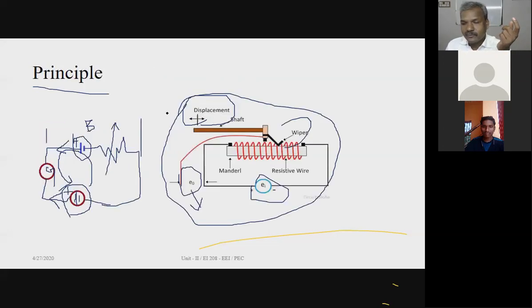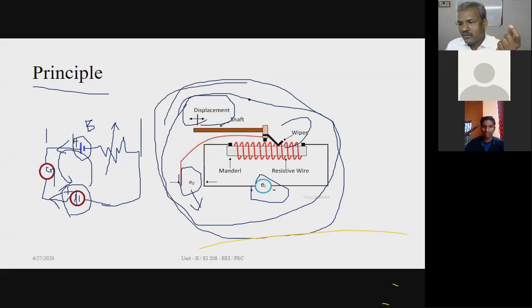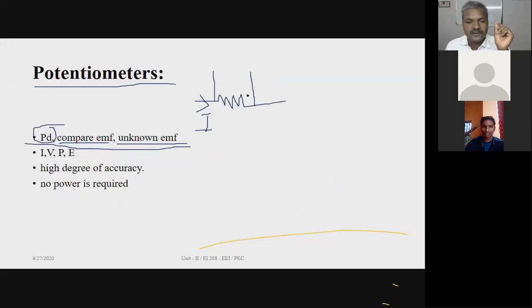Whereas the potentiometers that are transducers are mainly useful for displacement measurement applications. You can use these potentiometers for measurement of current, voltage, power, and energy.